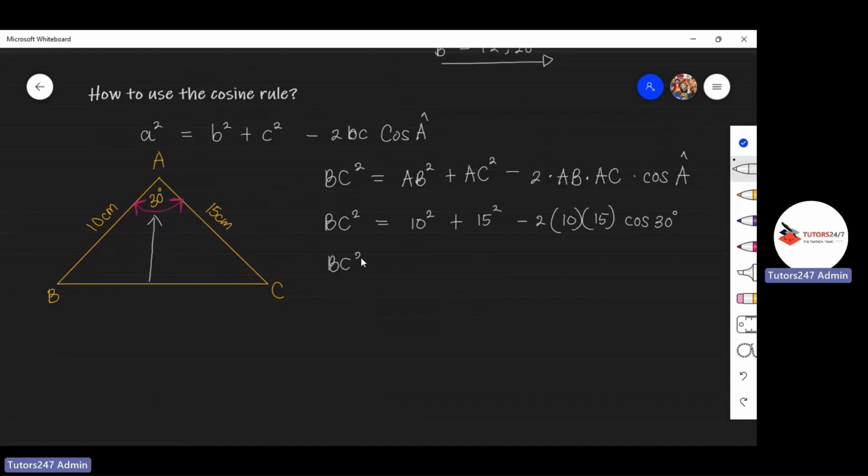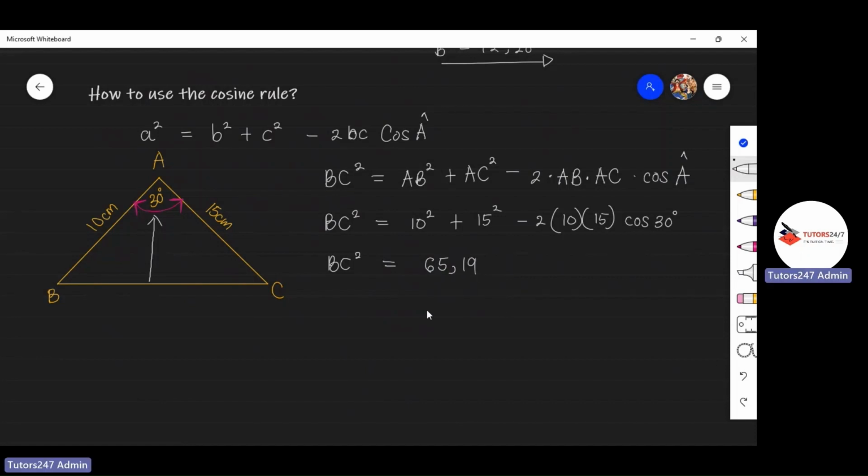From there, we can now put the entire right-hand side onto our calculator. So 10 squared plus 15 squared minus 2 times 10 times 15 times cos of 30 degrees. Now that is going to give us a value of 65.19.